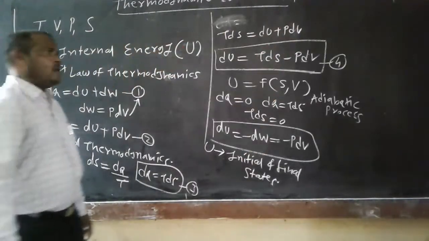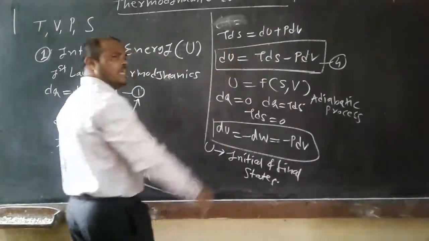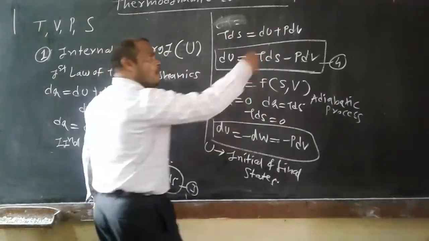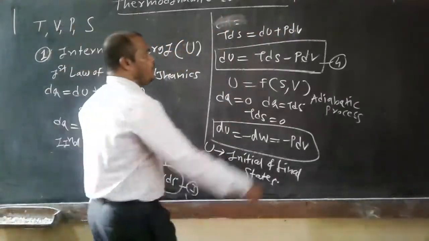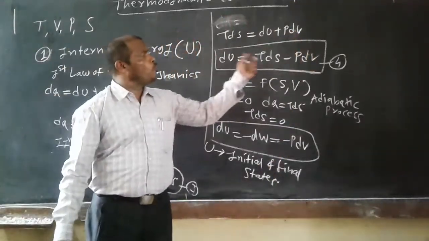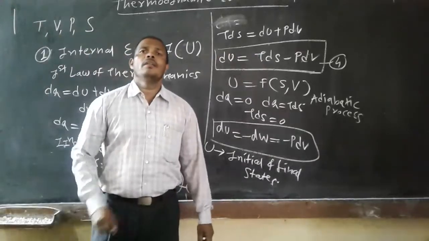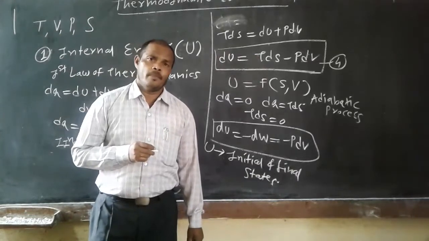Then solve this equation for dU, that is change in the internal energy: TdS as it is, plus PdV when it goes to the other side, it becomes minus PdV. So dU is equal to TdS minus PdV. So this is the equation for change in the internal energy.